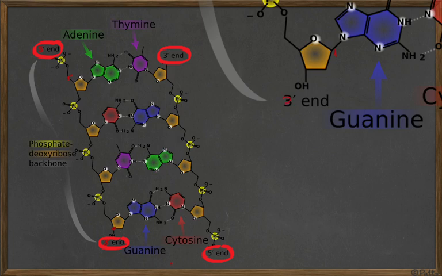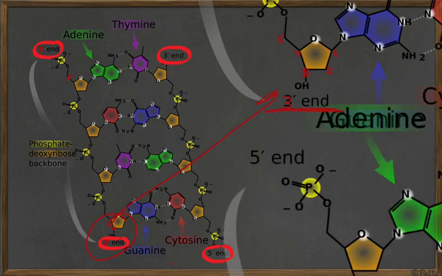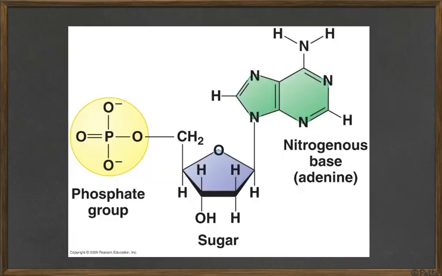This guy here is the 3' end, because here we have carbon number 3, this one over here. And on the other side, we have carbon 5 here. You're going to have carbon 1, 2, 3, 4, and 5. So this here is carbon 5, meaning that this is the 5' end of this strand.